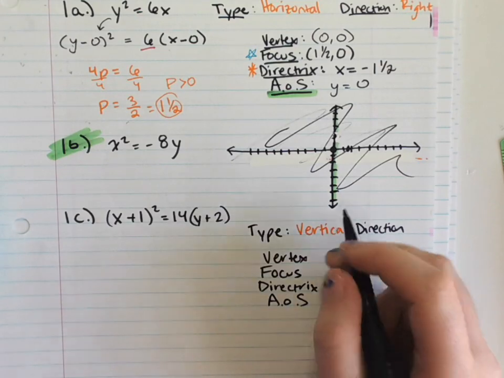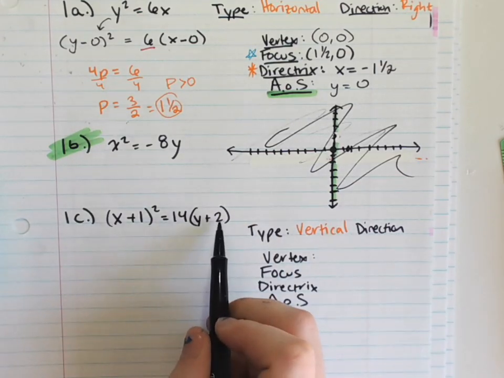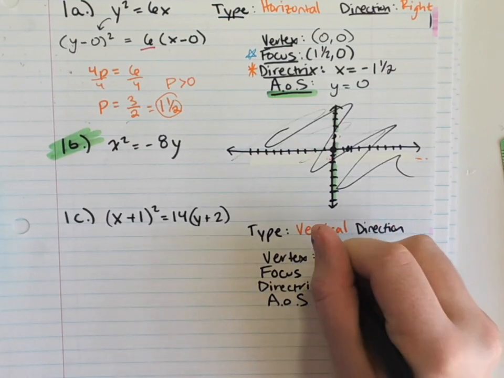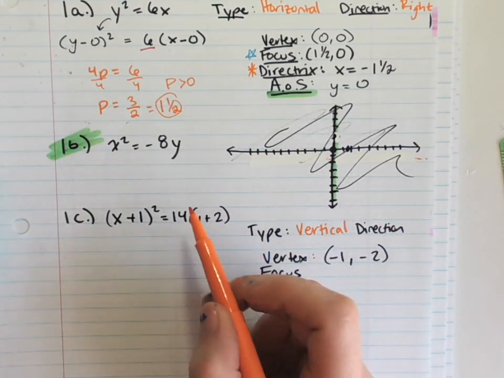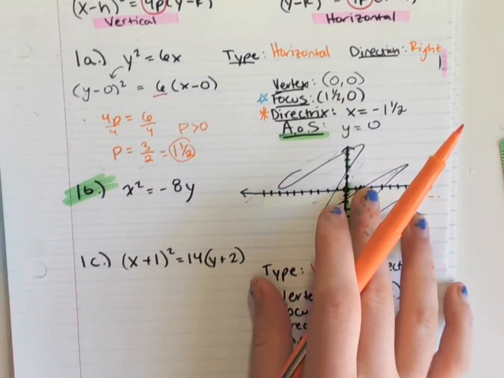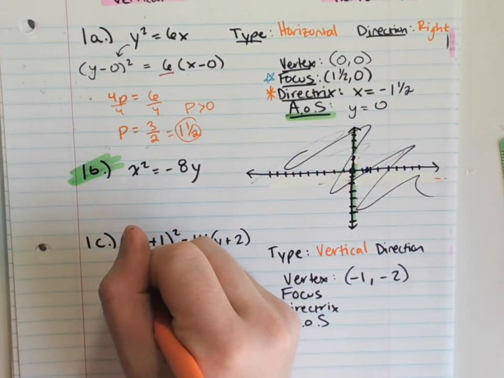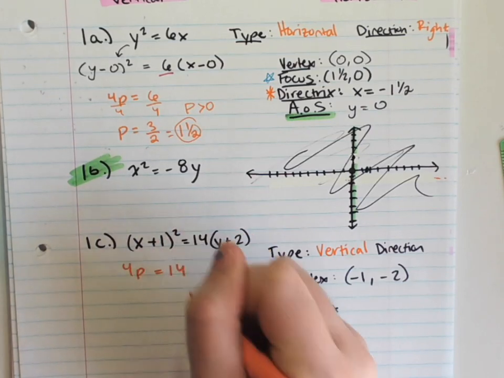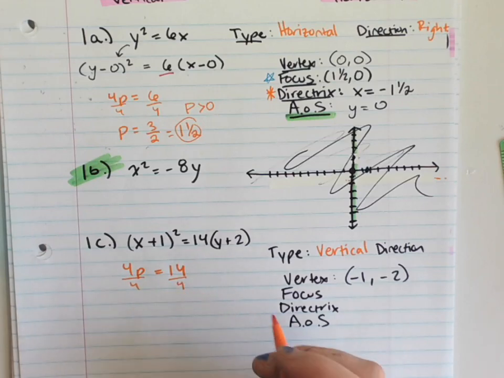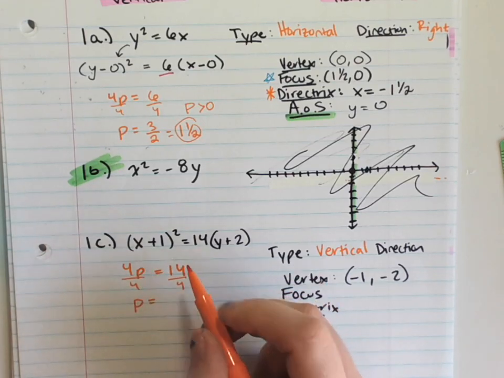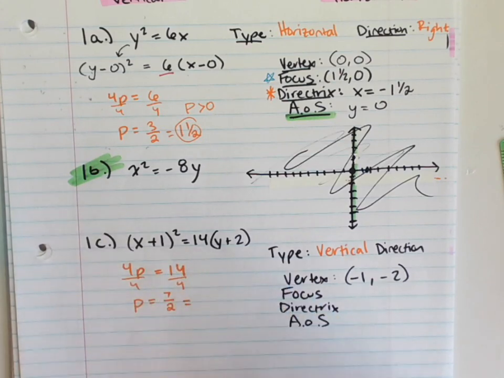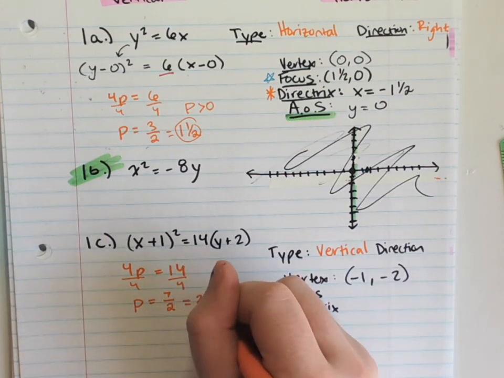We do know what the vertex is though. The vertex is the opposite signs of those. So this is going to be -1, -2. This 14 is in the 4p spot, so we're going to solve for p by going 4p equals 14. Divide by 4 on both sides, and we get p equals 14 over 4, or 7 over 2, or you could say this is 3.5.